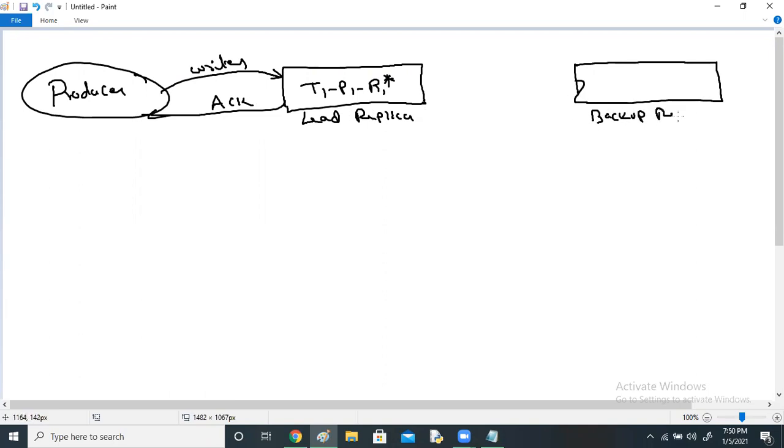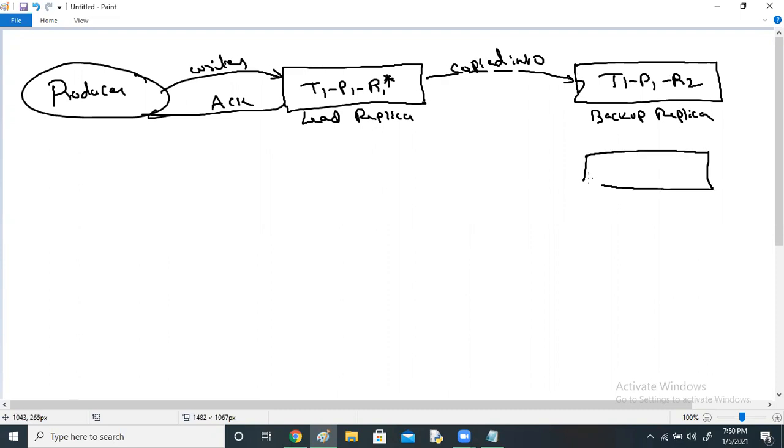Producer writes into the lead replica and it is copied into the backup replicas. Here is one more backup replica, topic 1, partition 1, replica 3.